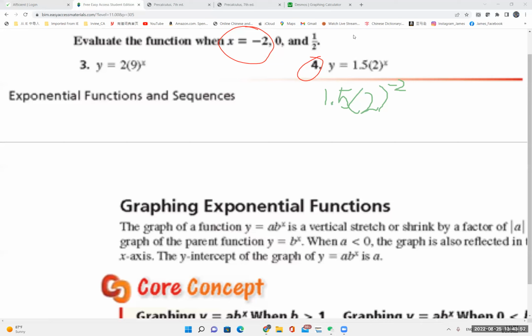Yeah, keep going. Yeah, how to handle 2 to the power of -2?